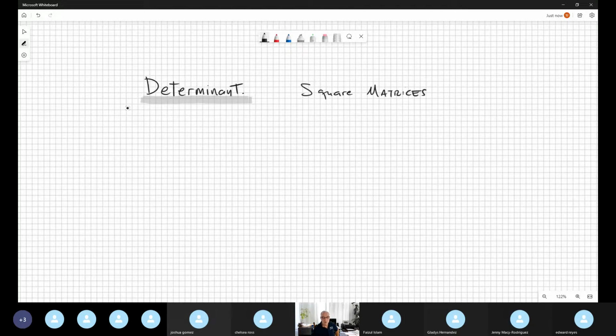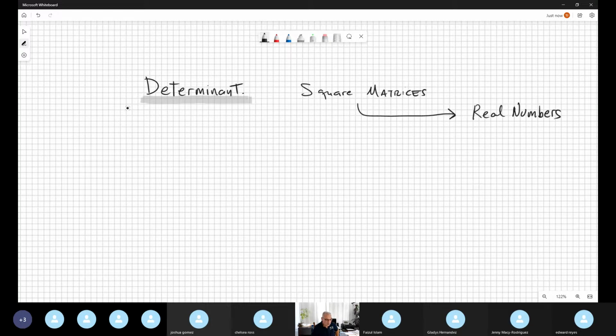The idea is you take a square matrix and you associate, like a function, one real number. The algorithm is sometimes a little bit complicated, sometimes not.